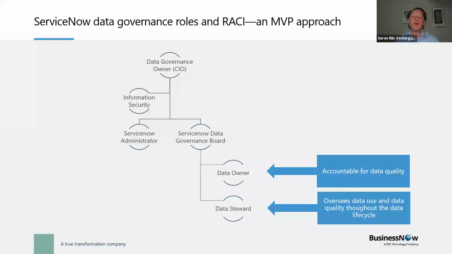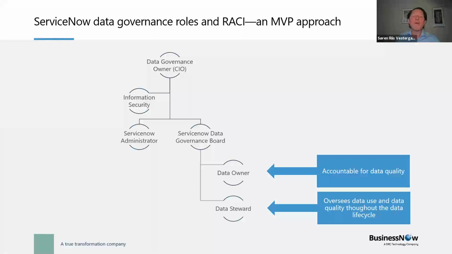So one way of looking at ServiceNow data governance, like a minimum viable product approach, is to establish, if it's not there already, somehow a ServiceNow data governance board. This is the part of the figure which is to the right in the model.